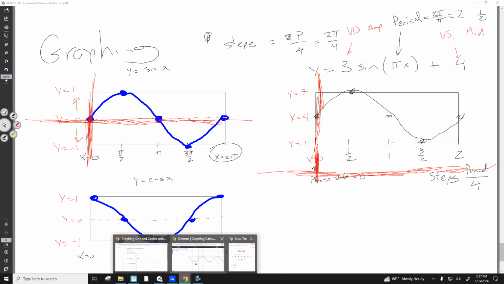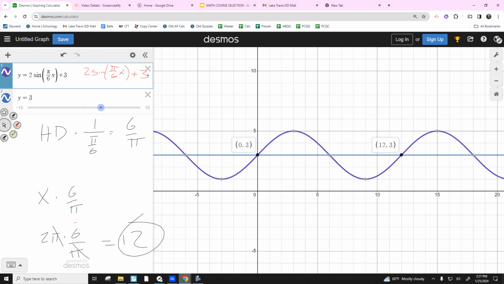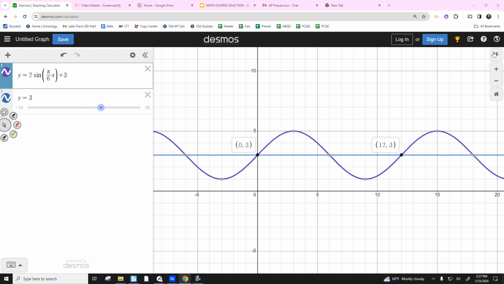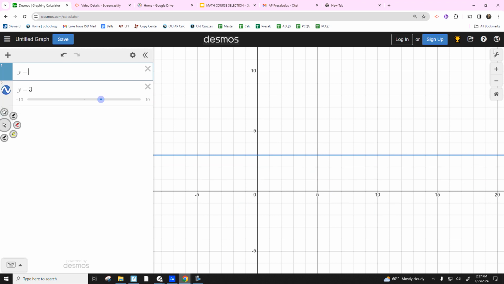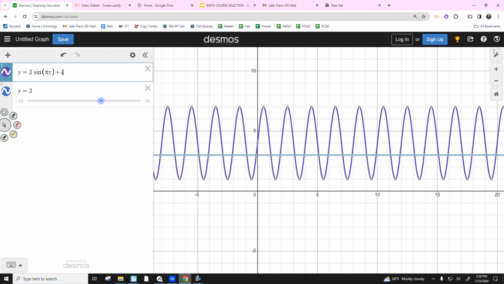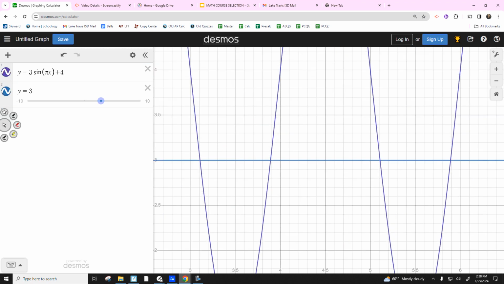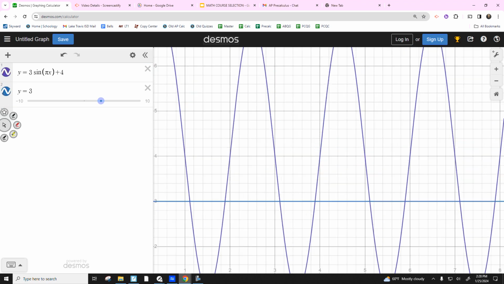Watch. 3 sine pi x plus 4. Okay, zoom in a couple steps. Zoom out a little bit. Give me some points on your graph.